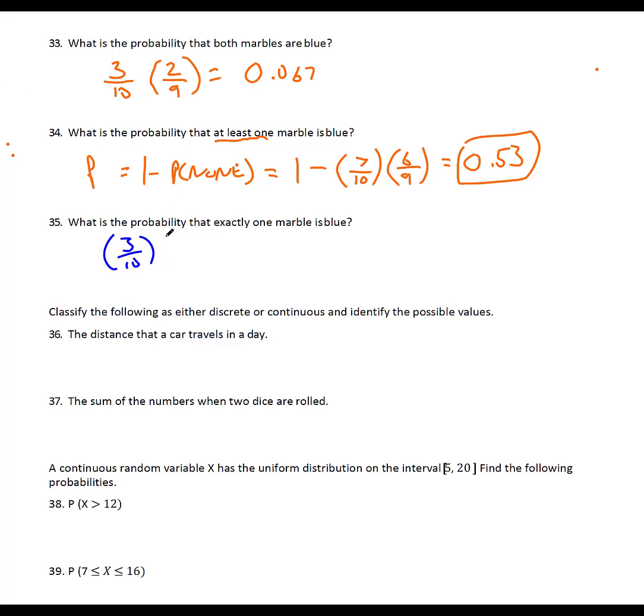And so we had 7 over 9, because we have 9 marbles left in there because we took 1 blue out. Let's check that out.